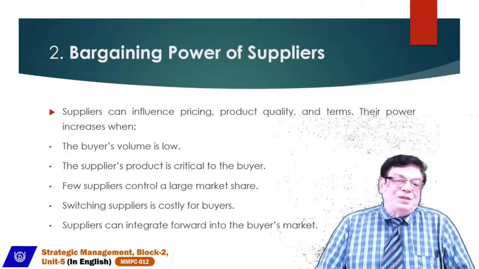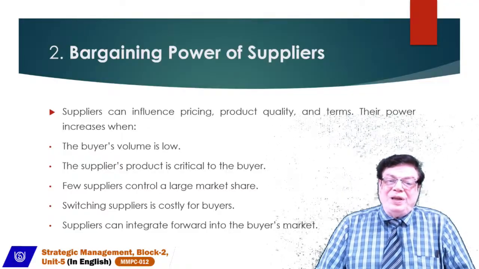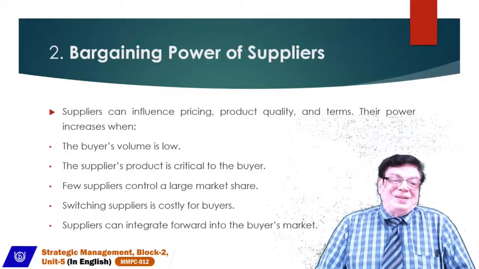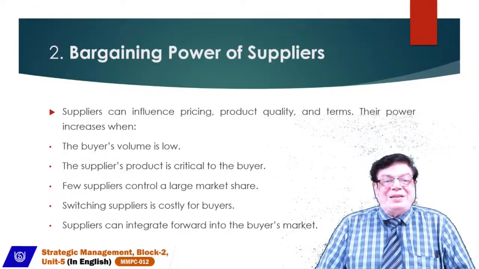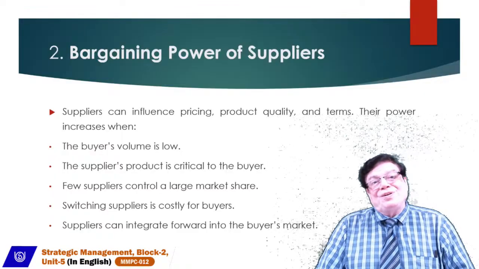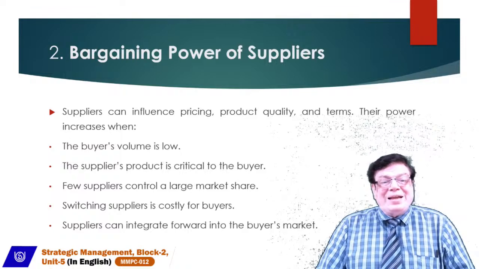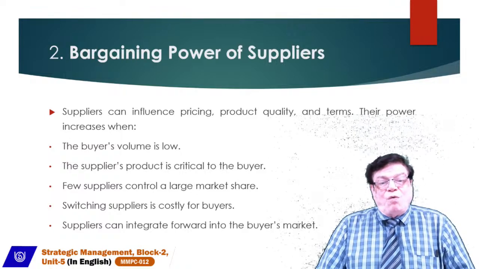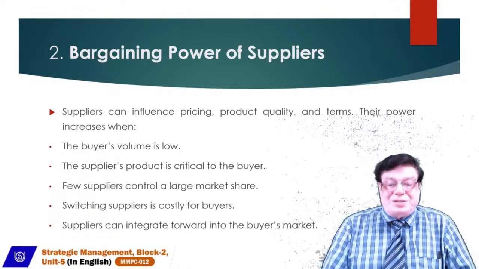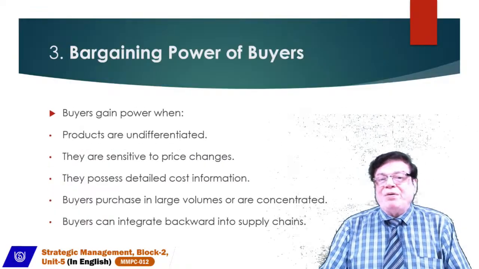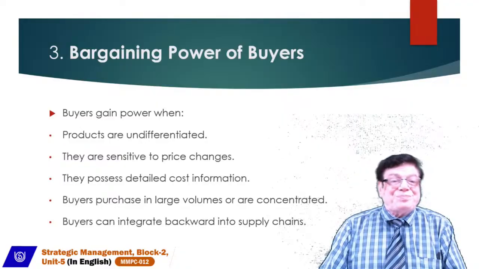Then third point is few suppliers control a large market share. Then next is switching suppliers is costly for buyers. And next point is suppliers can integrate forward into the buyer's market. Next is bargaining power of buyers.